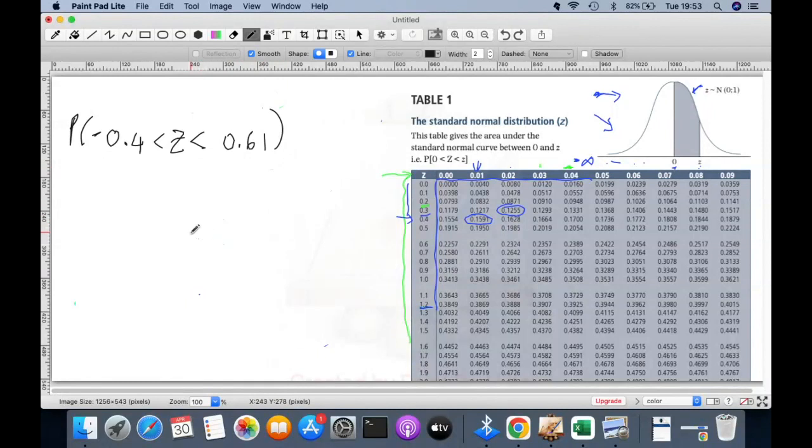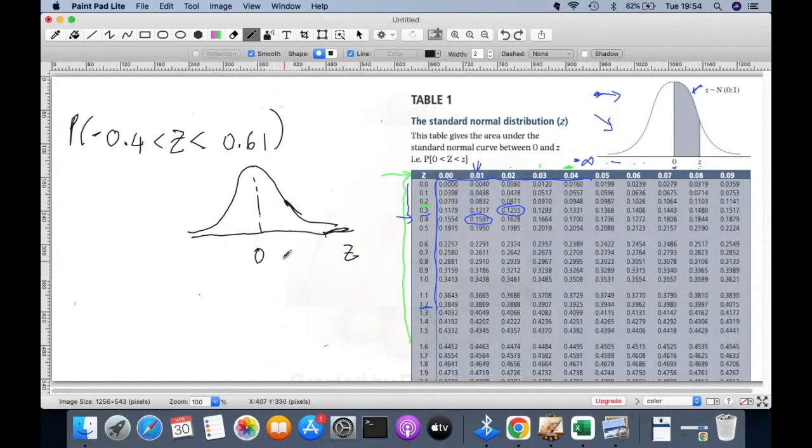What you do here, and for me personally, is sketch it. It always gives me a good idea of what I'm actually looking for. I'll leave it to you if you want to adopt that method. Remember, it's centered at 0, and this is our z-axis here.